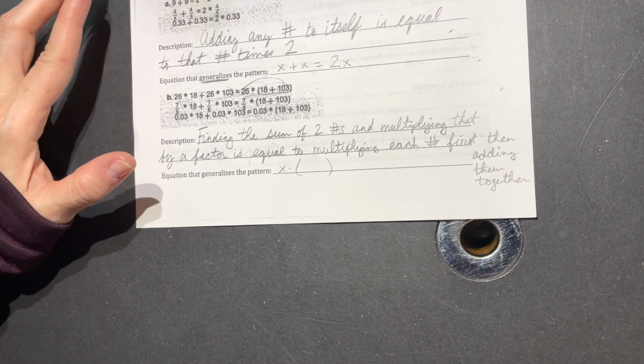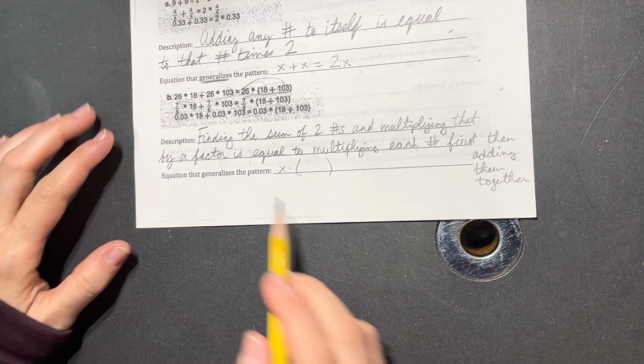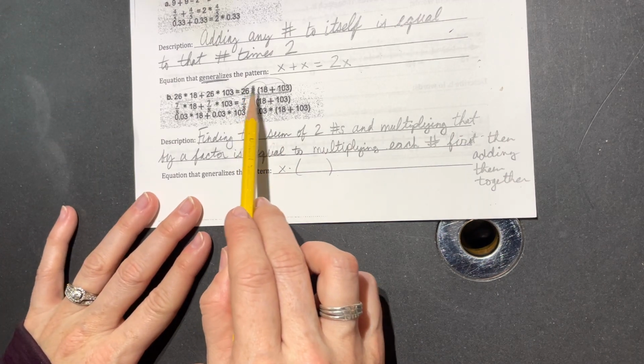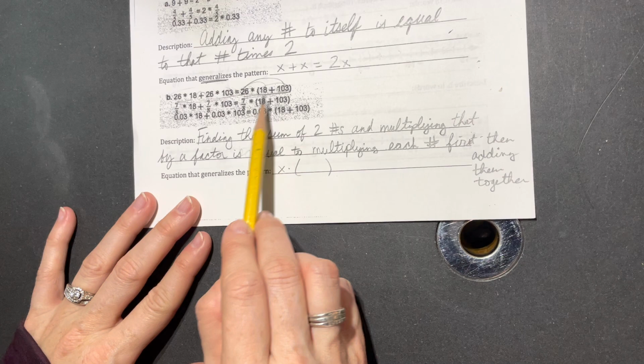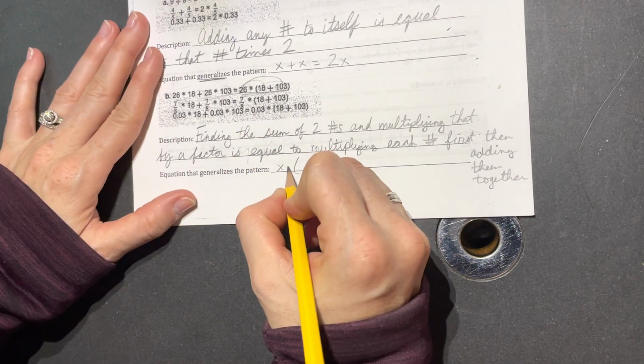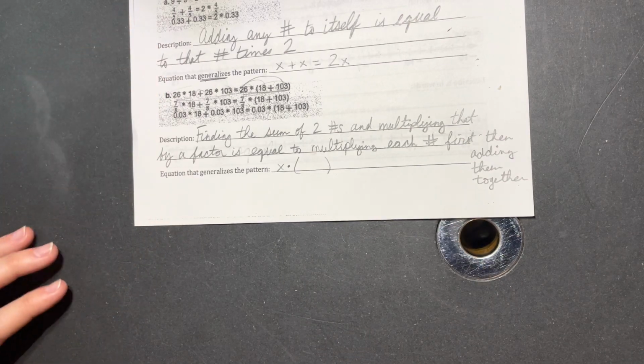Well, we have to show that this works here, this works there. So X times, but I need to use only variables here. What can I put inside that parentheses?